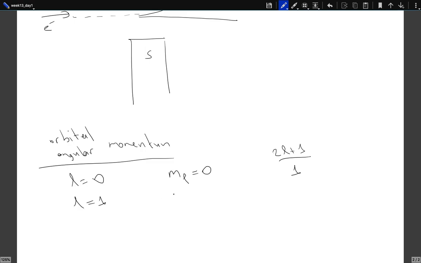If L is equal to 1, ML can be 0 or plus minus 1. 2L plus 1 is 3, and we have 3 possible values of ML. So the atom basically splits into 3. If L were equal to 2, ML is equal to 0, plus minus 1, plus minus 2. 2L plus 1 is 5. 5 different values of ML. So depending on the value of ML, the atom will go either up more or down more. But the number of possible values of ML is never 2.